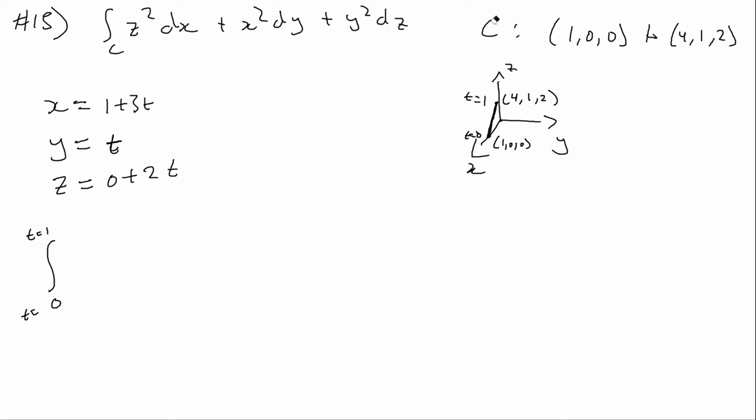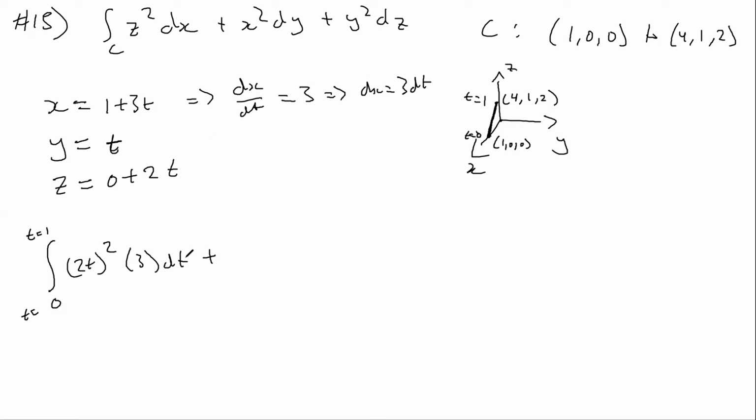Now we have z squared, so that's going to be 2t squared. Now dx is going to be 3 dt, because if you take the derivative in terms of t, we get 3, and hence dx is equal to 3 dt.